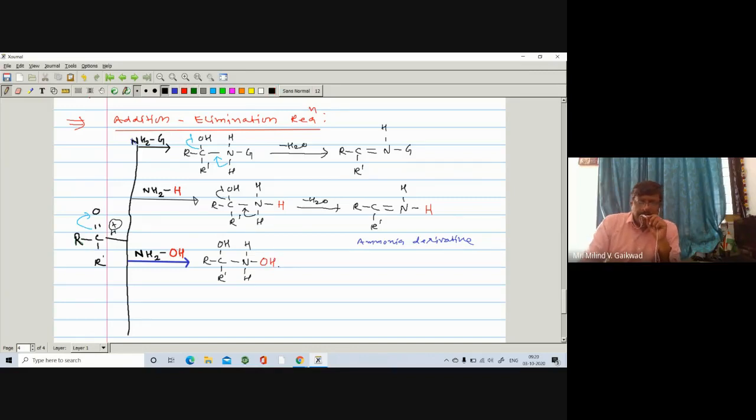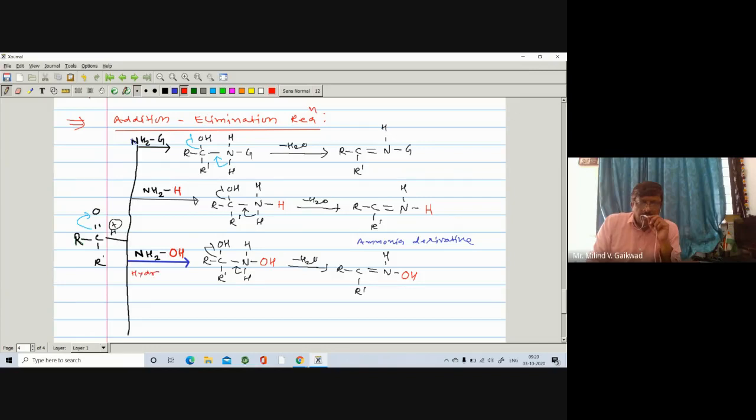Further, it undergoes dehydration, removal of a water molecule. So this sigma bond shifts here, it undergoes dehydration, and you get the corresponding compound RC, R dash, double bond N, here is H, and here is OH.